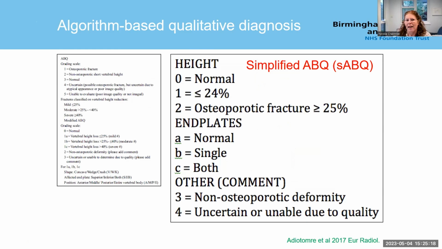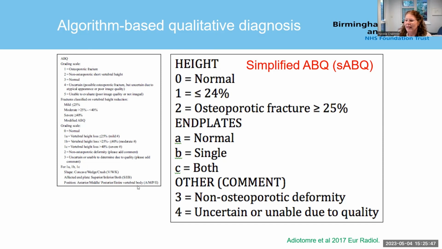Moving on to the algorithm-based qualitative diagnosis. So this is looking at the shape of the spine, looking at the end plates of the spine, defining whether one or both end plates are abnormal, looking at the degree of height reduction, whether that's greater than 25% or less than 25%, and then commenting on non-osteoporotic deformities or the inability to identify.